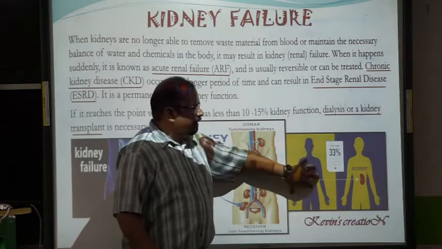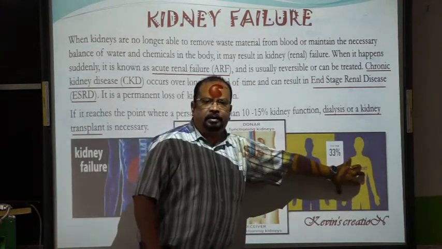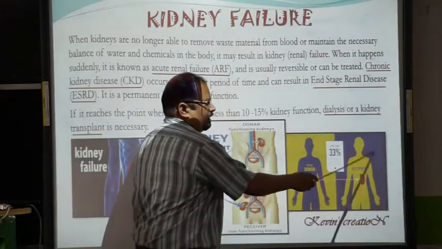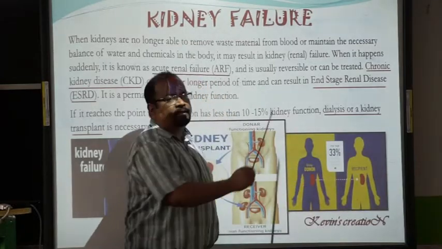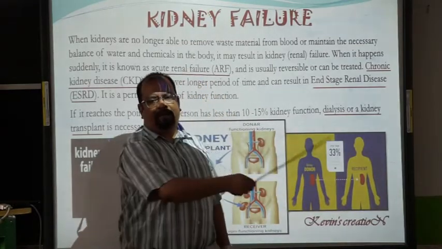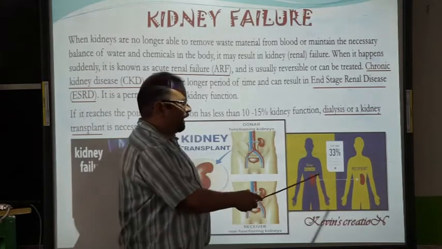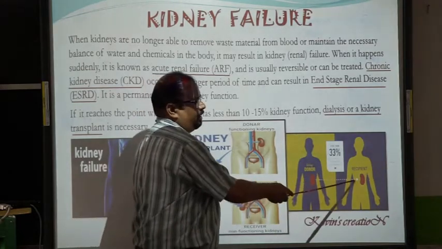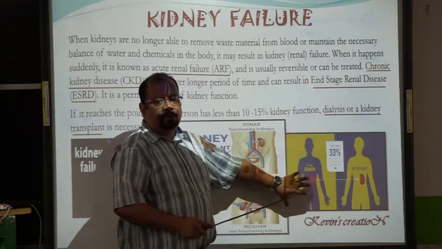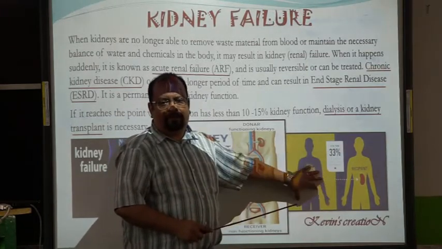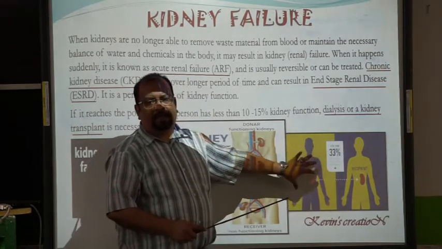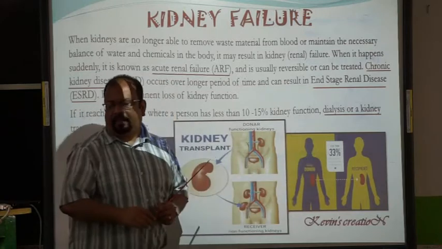So he is surviving, the other person is also surviving. Whereas this recipient, if there was no kidney transplant, would have died. Now this healthy person has donated one of his kidneys to him, so both are surviving. So this is called kidney transplant. Now we will be studying about dialysis.